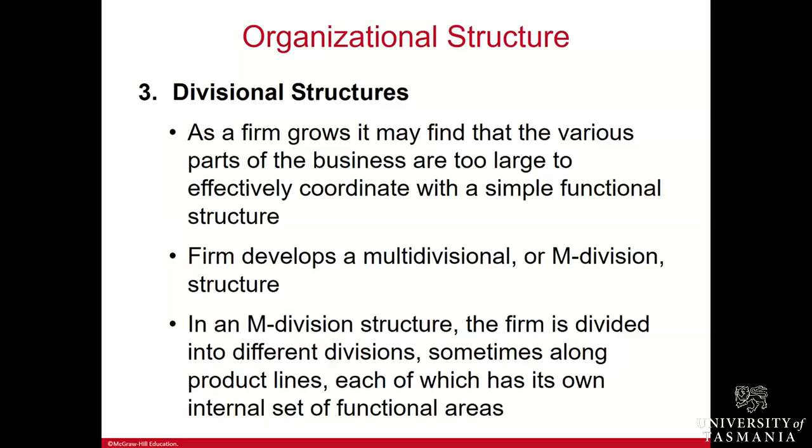In an M-division structure, the firm is divided into different divisions, sometimes along product lines, each of which has its own internal set of functional areas. Let's say we have 4 different product lines in one company, A, B, C, and this ABC has their own functional areas, which means that they are making their own decisions.